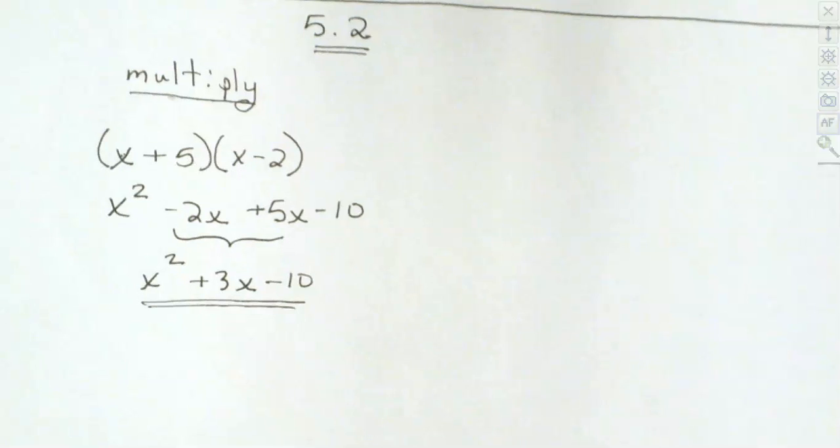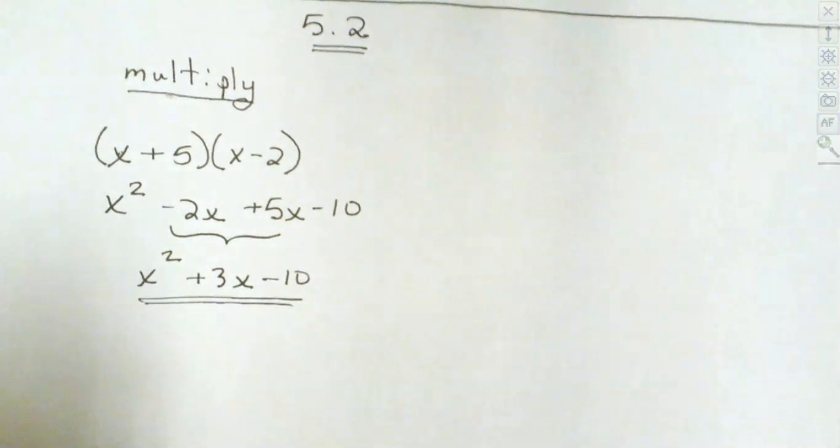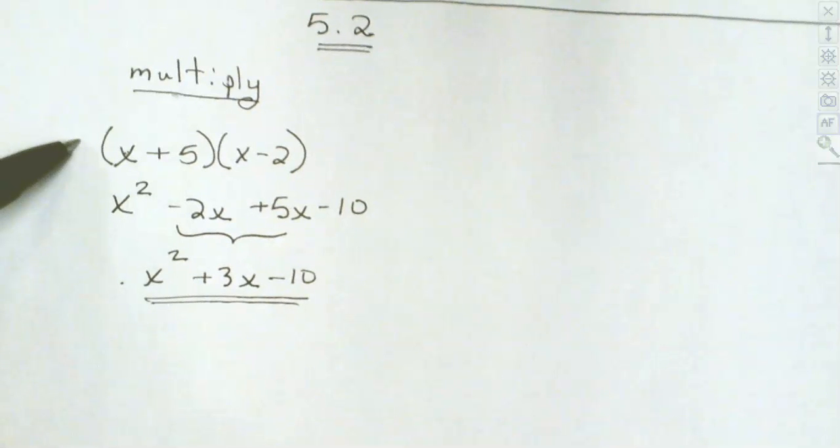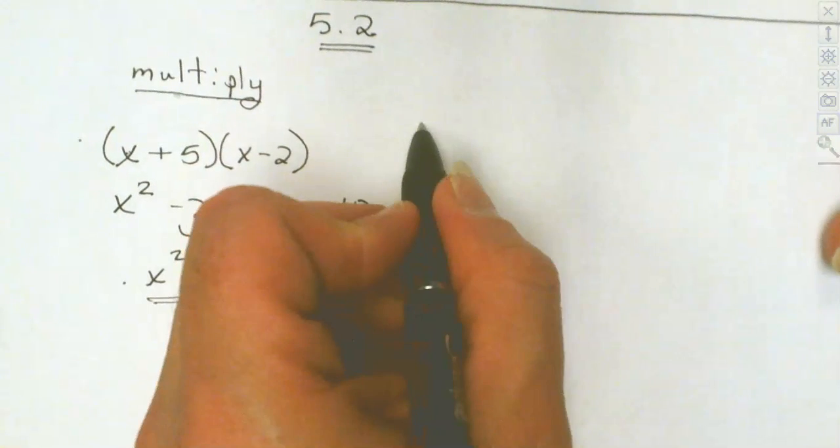Remember how we multiplied those out. We're going to be working backwards. Here in a moment, I'm going to give you this, and I'm going to show you how to get this. We're going to be working it backwards. But let's do one more just so we can see the patterns.